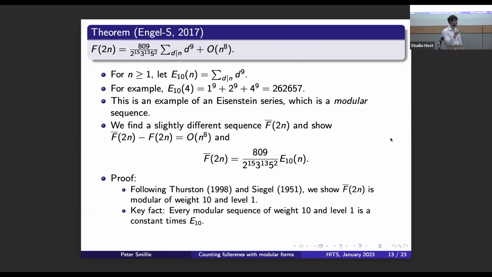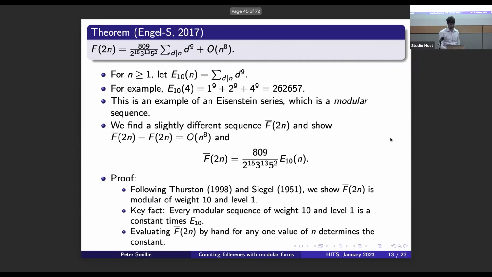So all we had to do then was figure out that constant. How do you figure out the constant ratio between two sequences? You just pick any number, evaluate, find the correspondence at that number, and then that constant ratio has to hold forever. So we picked a number, evaluated it, and found this constant 809 over this large denominator.